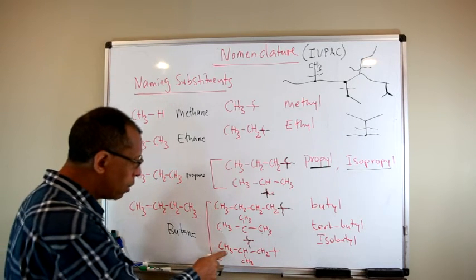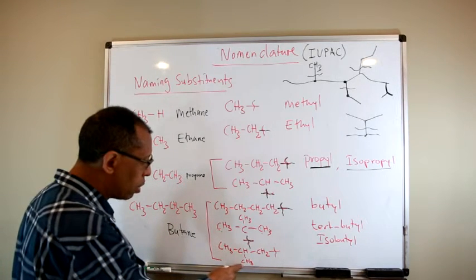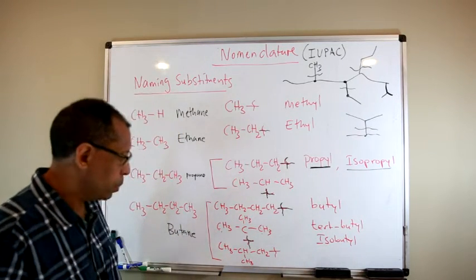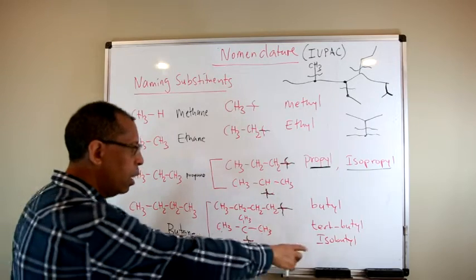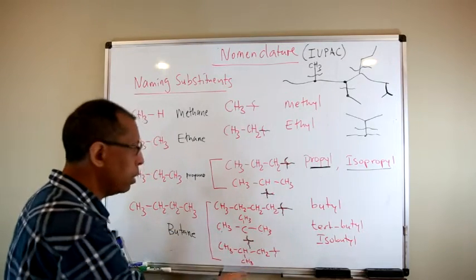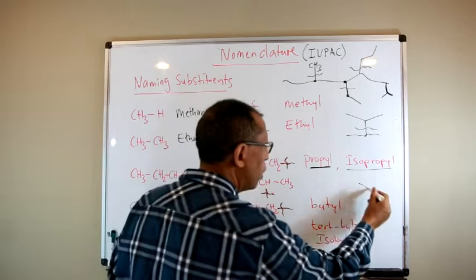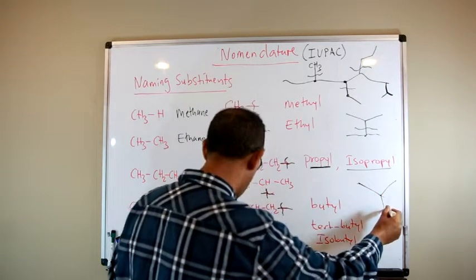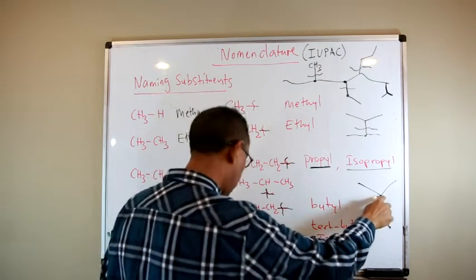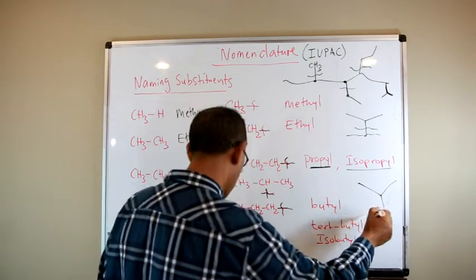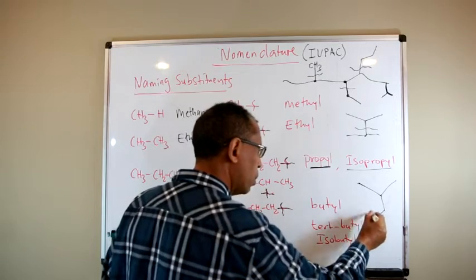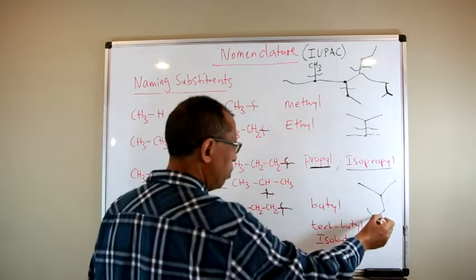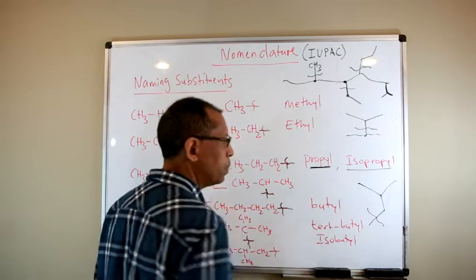You have CH3, CH, CH3, CH2. This is called isobutyl. Isobutyl is one of the possibilities where you have CH3, CH3, a CH right there, and a CH2, and you are attaching it through this. So isopropyl looks like this, isobutyl looks like this.